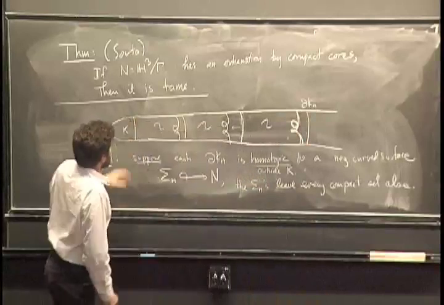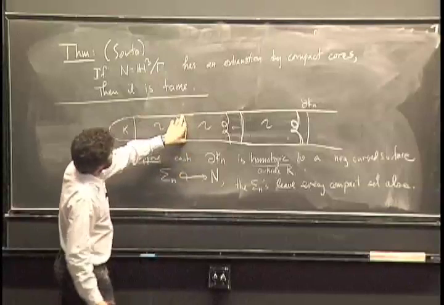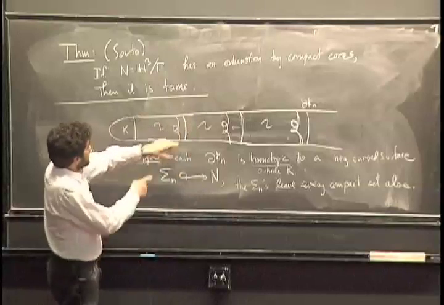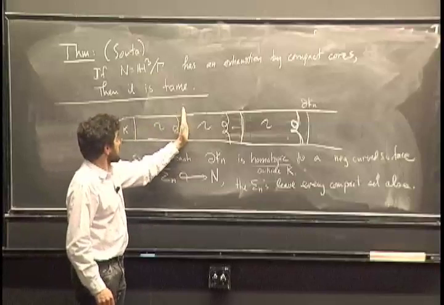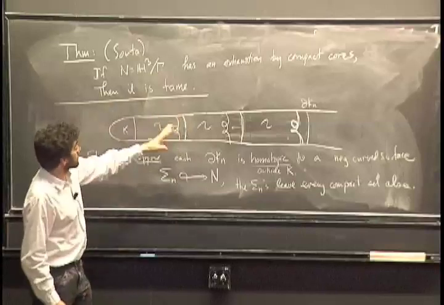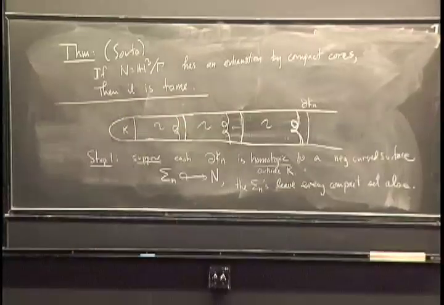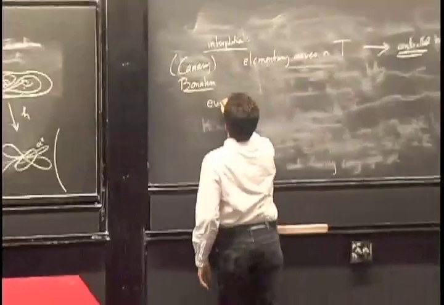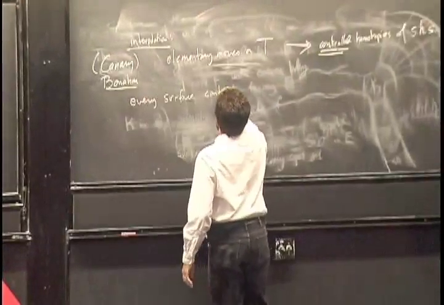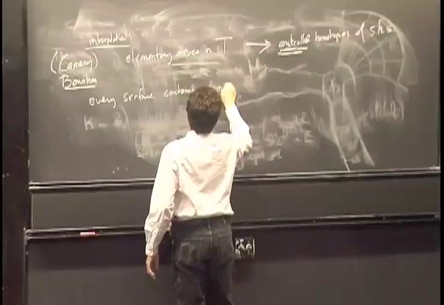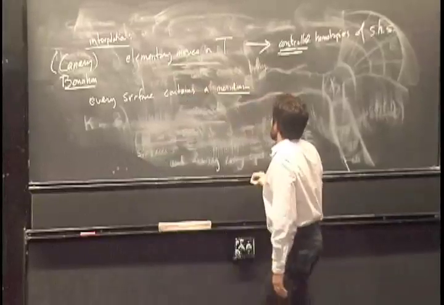This guy's a handle body. So I know that if I take any of these, and all of these are cores, any of these surfaces has a loop in it which bounds a disk. Right? The map of this surface into the whole manifold is not pi1 injective. So every surface contains a meridian. So it might look like this.